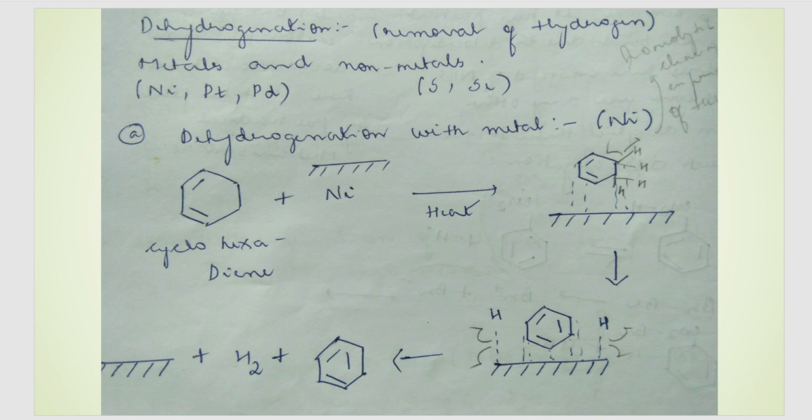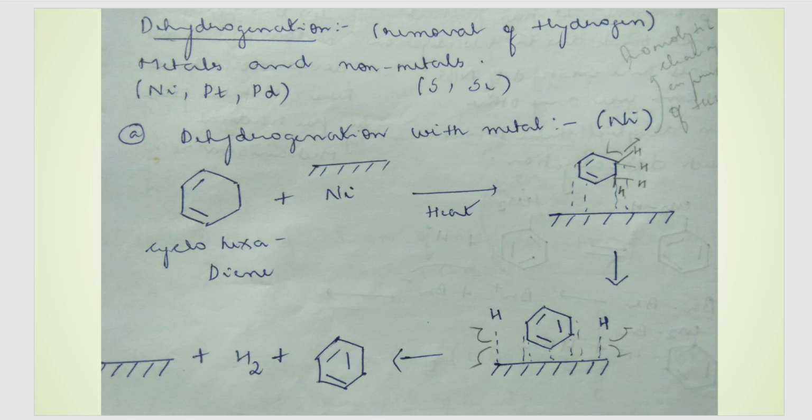So dehydrogenation can be done in the presence of two different catalysts. One is a metal catalyst, and you can also do dehydrogenation in the presence of a non-metal. So if you're doing dehydrogenation with metal, you can take nickel, platinum, palladium metals. Same way, if you're doing dehydrogenation with non-metal, you can take sulfur and selenium.